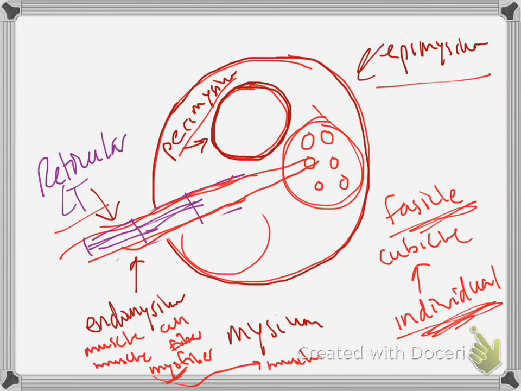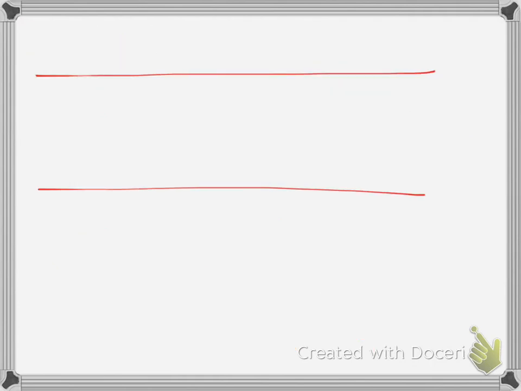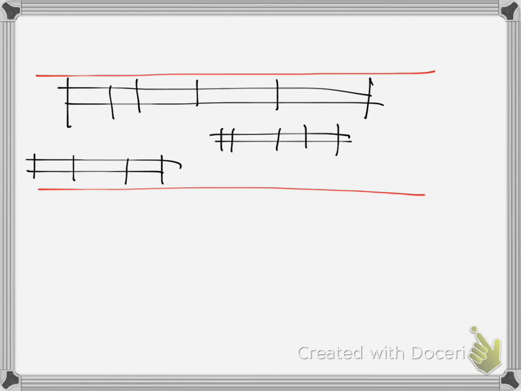So if I was really drawing a single skeletal muscle cell, remember they're nice and long. So if I was drawing this like this, this would be one myofibril, that would be a myofibril, that would be a myofibril, and then they're broken up into these smaller units called sarcomeres, and we'll look at the anatomy of a sarcomere in a little bit.